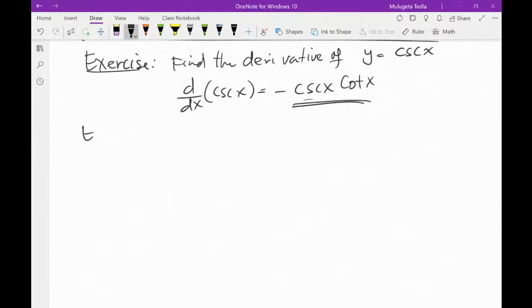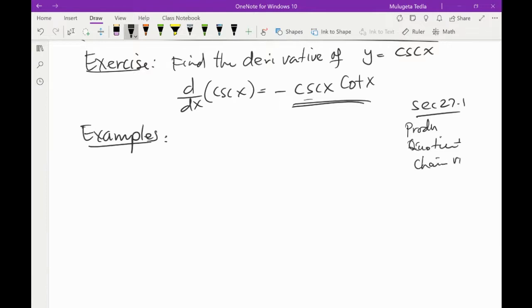So I will do examples. But in section 27.1, we did product rule, quotient rule, and chain rule, or general power rule. These are the same.